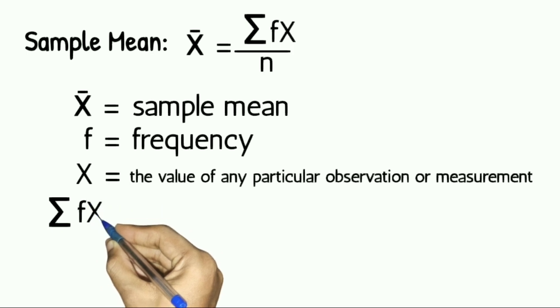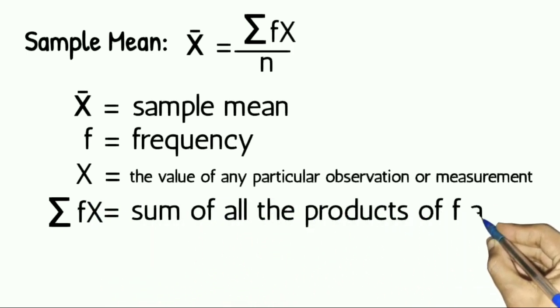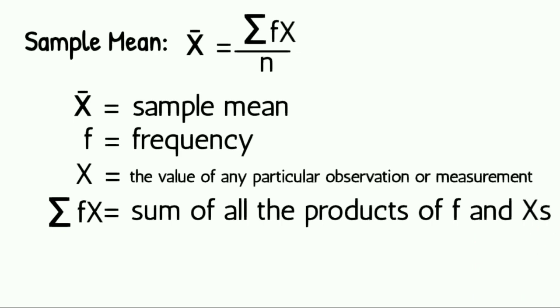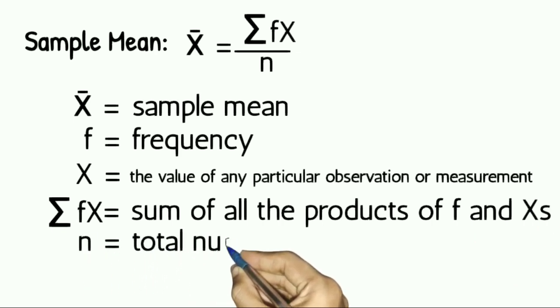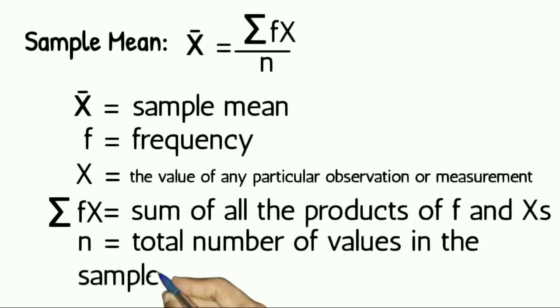The summation of fx is the sum of all the products of f and x's. And the n is the total number of values in the sample.